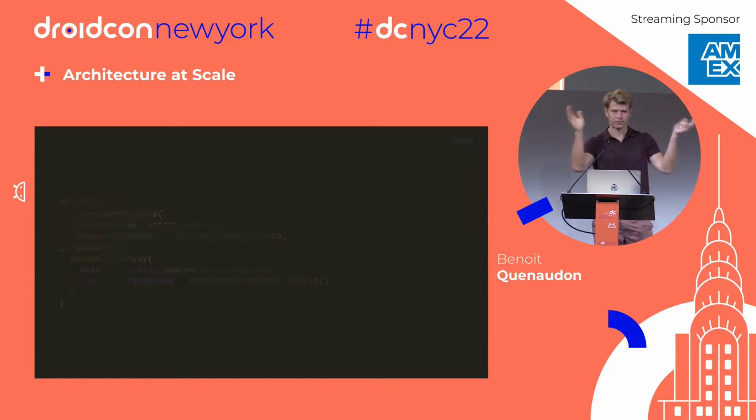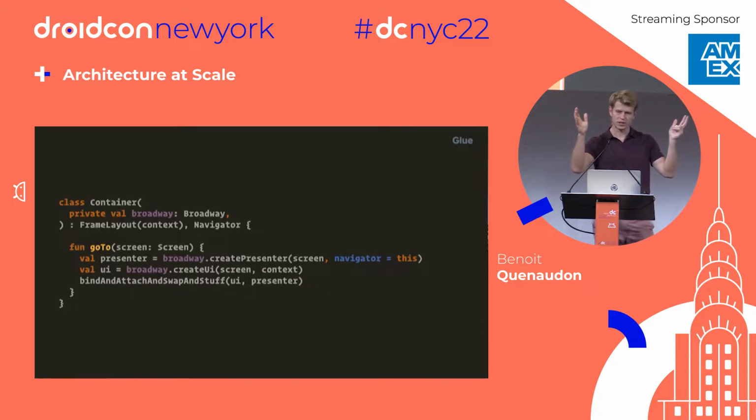It's like one big frame layout, which takes Broadway. And this is a navigator. Every time there is a navigation to happen, it's like, OK, Broadway, I have this screen, give me the view. Hey, Broadway, I have this screen, give me the presenter. And then the magic happens. We bind them together. We attach the view, do some swapping and things.